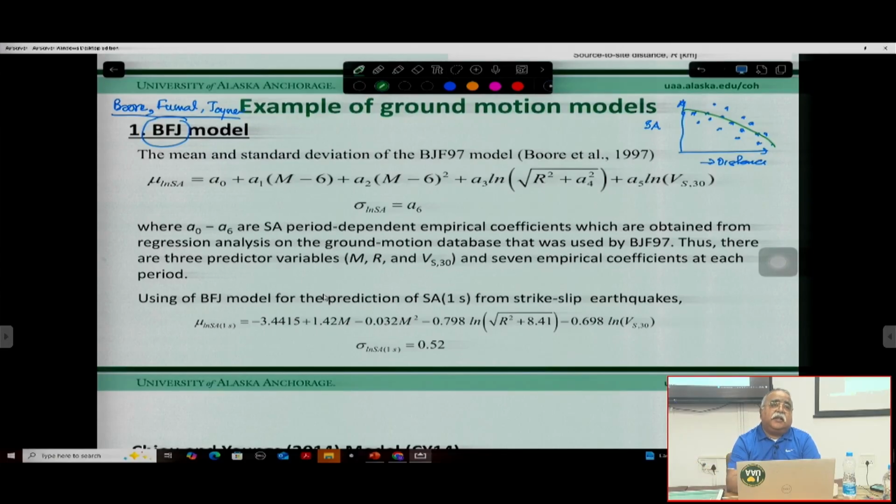But as more data comes in, we have seen that magnitude and distance, although very important parameters, are not all. A lot of other parameters are involved. Say, what is the type of the soil, that will influence the spectral values or the PGA values, okay? Then what type of faulting it is, that also gives different spectral values, right?